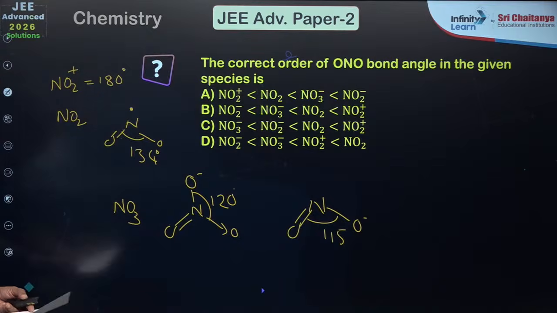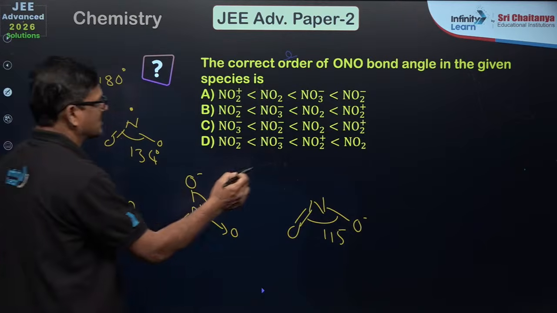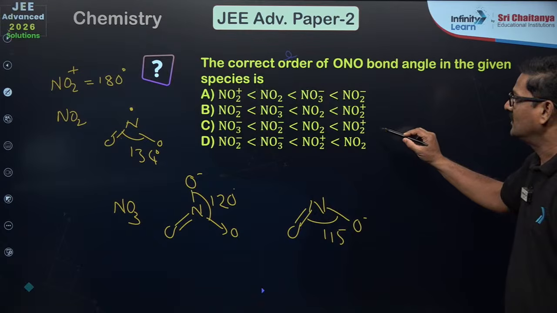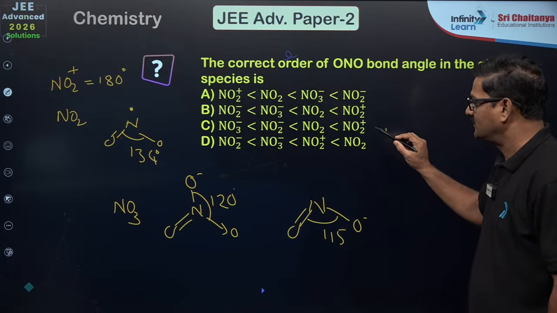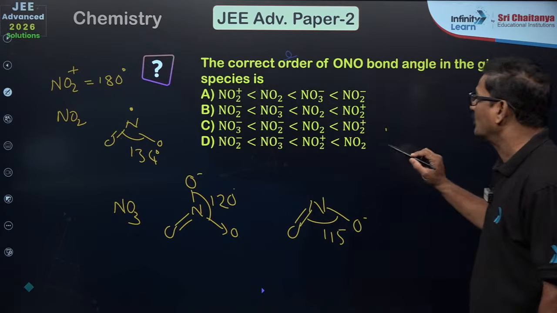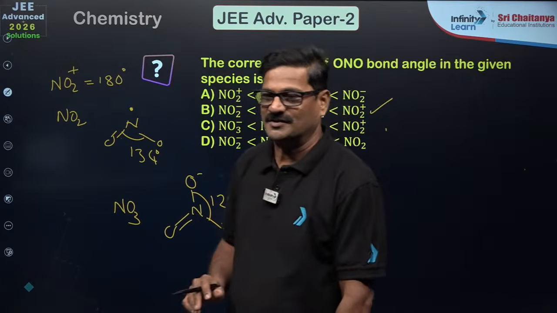So based on that we can go ahead with NO2 plus is greater than NO2 134, then NO3 minus 120, and NO2 minus 115. So you are going to get option B as the correct answer for this question.